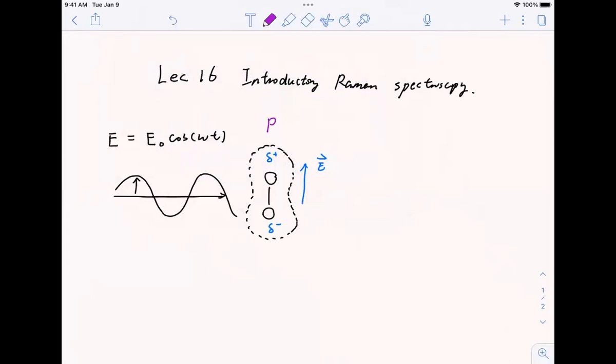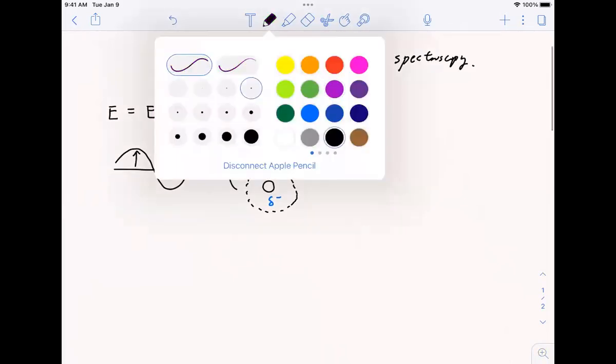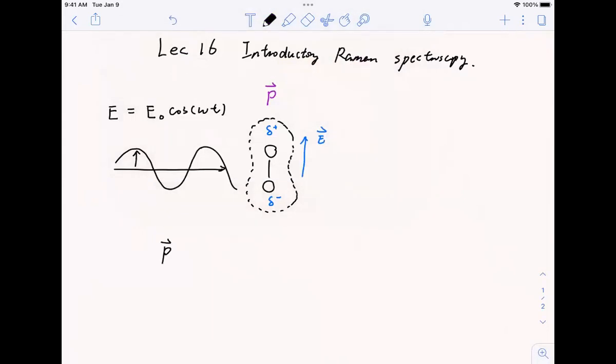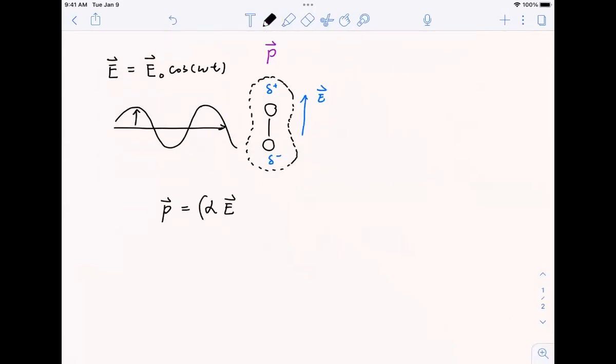The relationship between them is this: P equals alpha times E. You can add a vector here if you like. Generally, this alpha is the polarizability tensor.